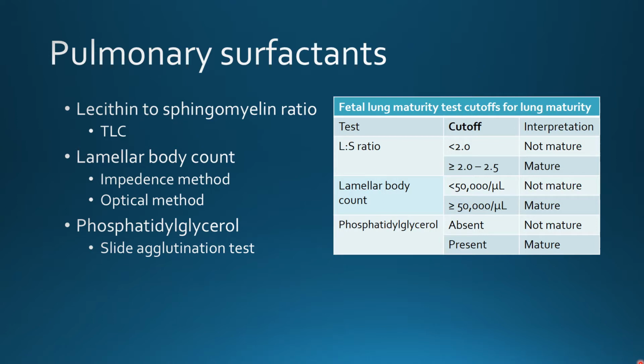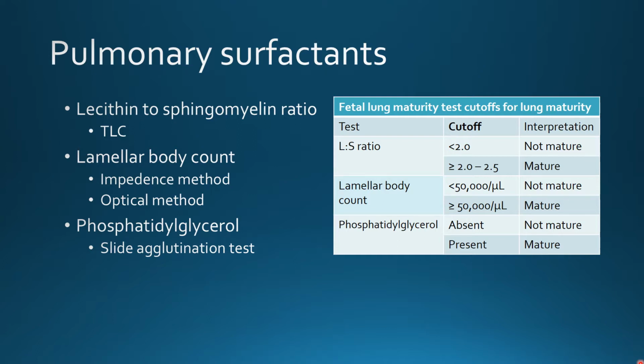Lecithin will be detectable in the amniotic fluid somewhere around 25 weeks, and it'll increase pretty steadily until 36 weeks. The PG, or phosphatidylglycerol, synthesis doesn't even start until around week 35, and it'll increase until term.